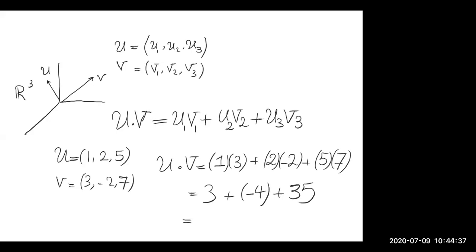Well, the sum is 34. So the inner product of u and v is equal to 34. We compute the inner product of these two vectors, we again end up with a number.